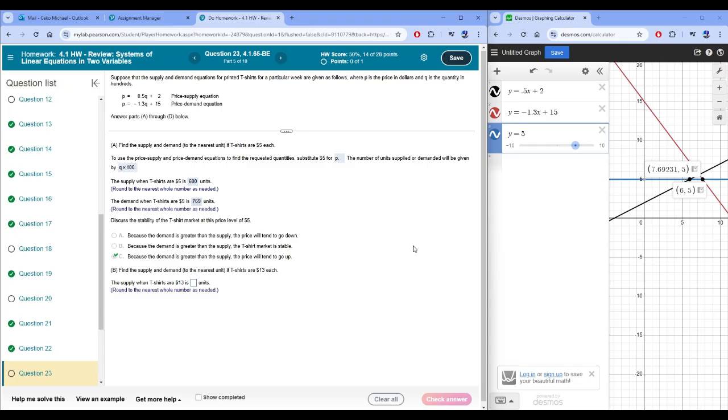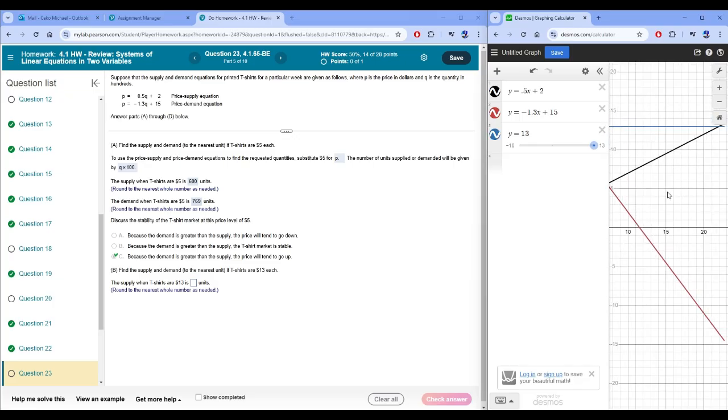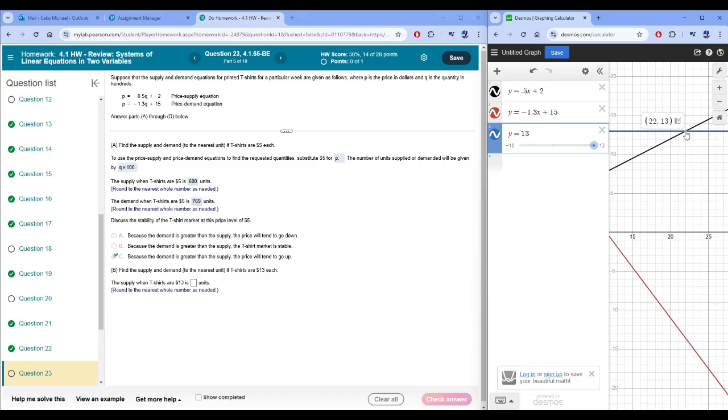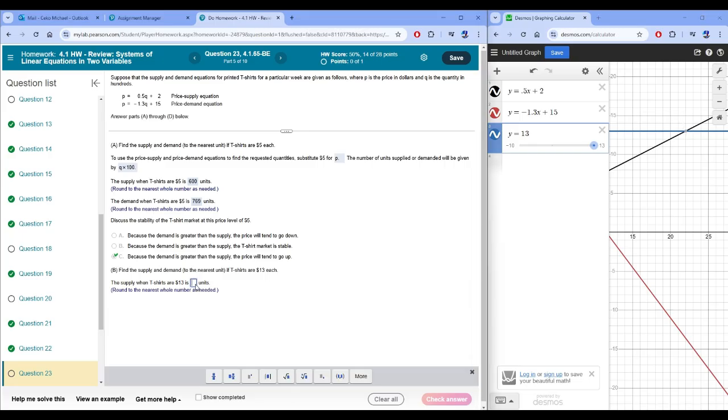Now find the supply. Is it 153? No, supply is the back one. 2200. 2200 units.